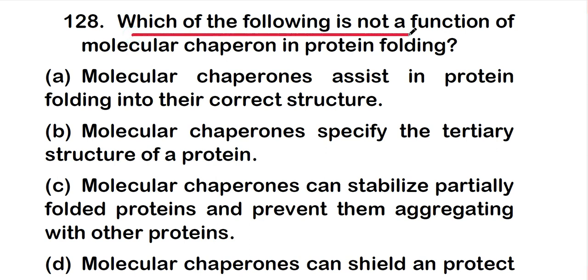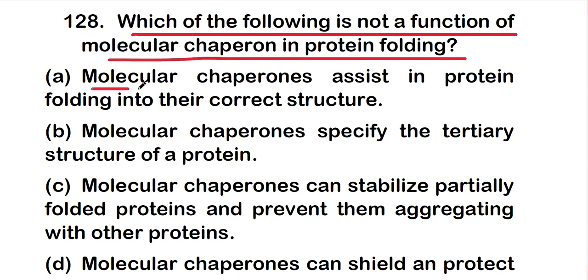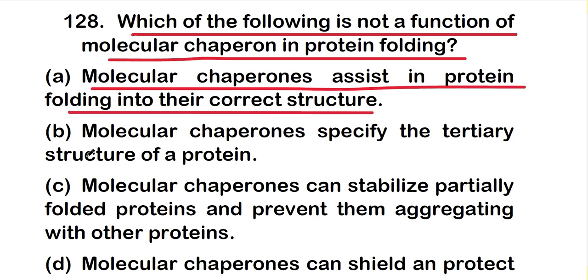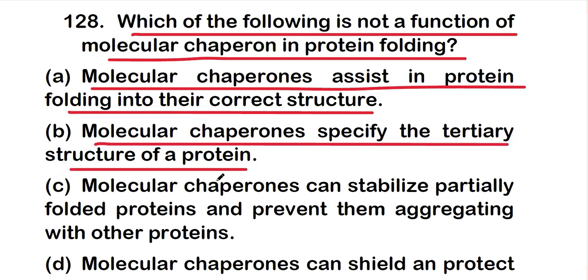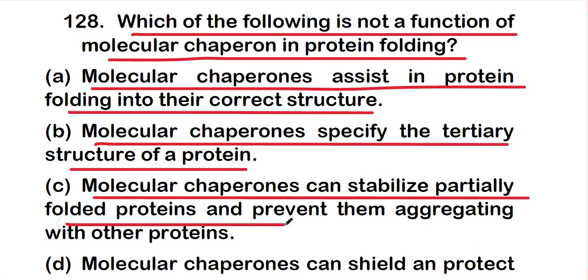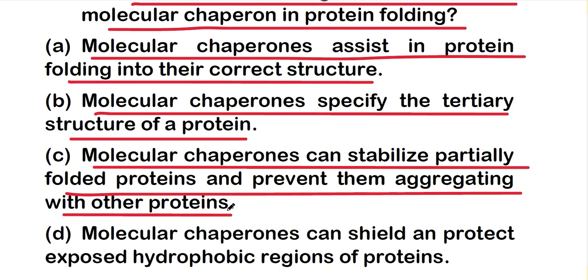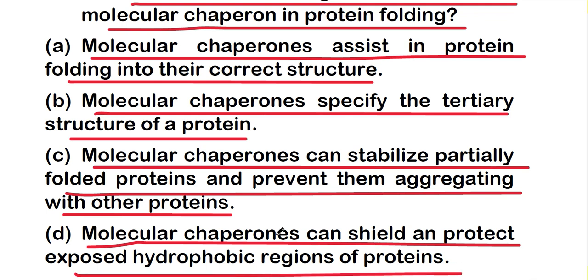So which of the following is not a function of molecular chaperone in protein folding? So options are, option A, molecular chaperones assist in protein folding into their correct structure, option B, molecular chaperones specify the tertiary structure of a protein, or option C, molecular chaperones can stabilize partially folded proteins and prevent them aggregating with other proteins, or option D, molecular chaperones can shield and protect exposed hydrophobic regions of proteins.